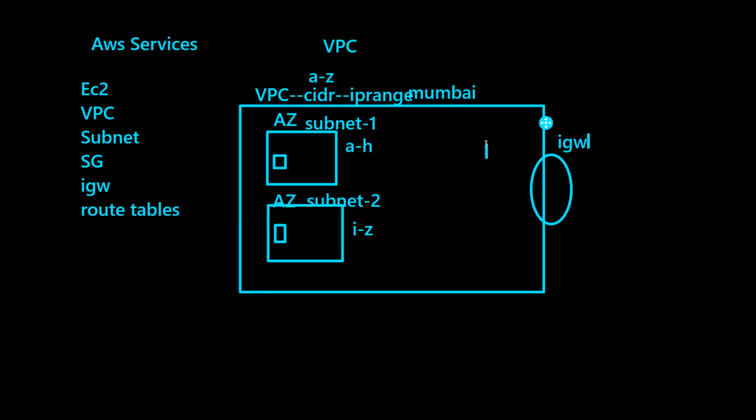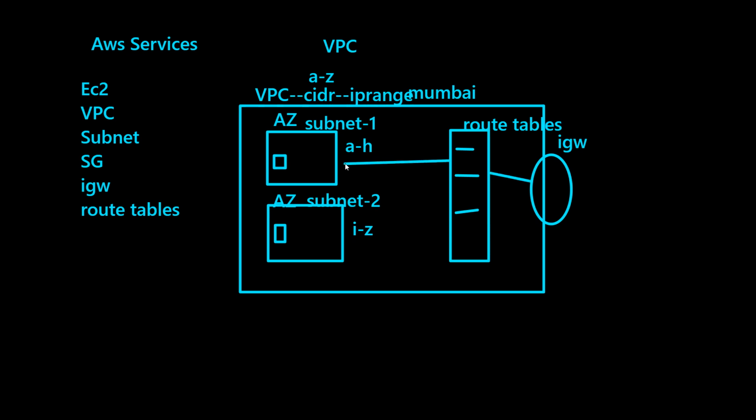From the internet gateway, it should go to the subnets, but to which subnet should it go? All of those rules are placed in something called a route table, which will have all the routes, meaning all the rules, like where traffic should flow. If you have added subnet 1 to this route, then internet traffic will flow through the subnet, and that particular subnet will then be called a public subnet.